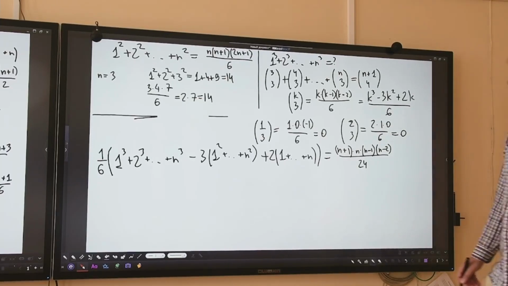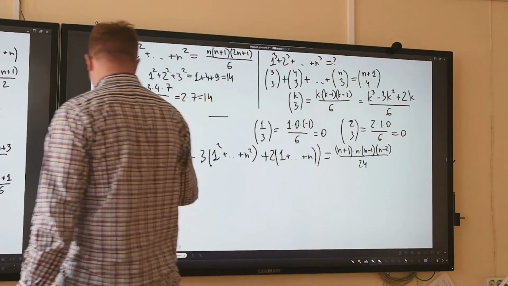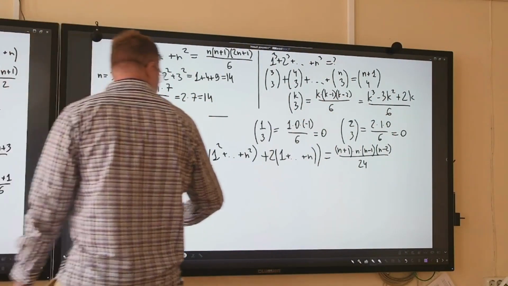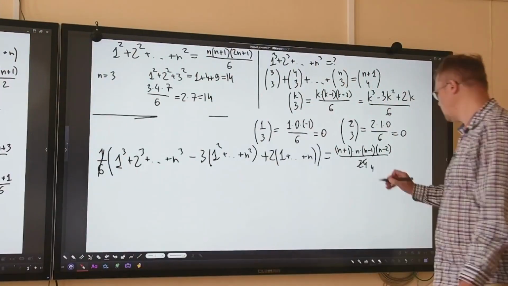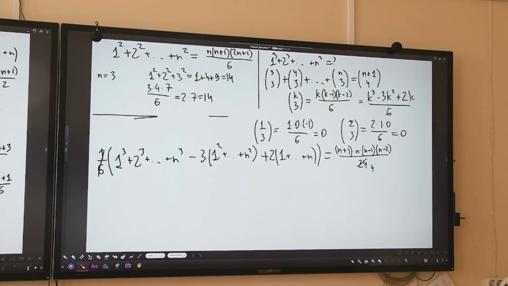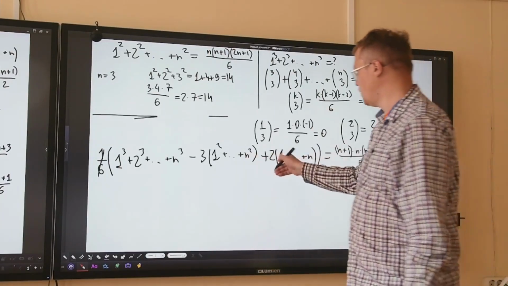So here we can do some simplification. We can write 4 instead of 24. We can use the formula for these guys.